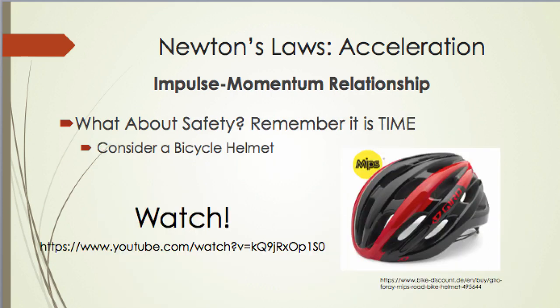And that's very important in safety. So consider a bicycle helmet. This is supposedly one of the best on the market, this Giro helmet, right? It has some interesting design in it that protects us from getting injured.